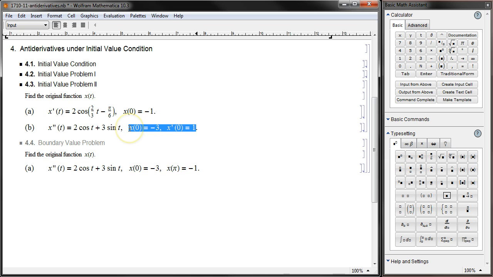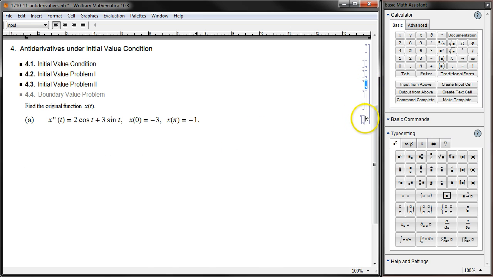Instead of this initial value condition at the same t value, I took two different t values but two different x values, x of 0, x of pi, and traditionally these kinds of things are called boundary value problems, and usually it's valid for t values between 0 and pi, but it can go beyond. In this particular case, it can go beyond.